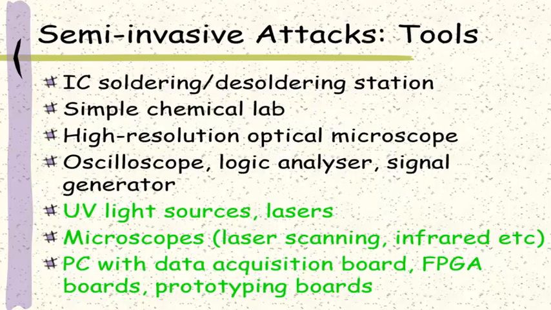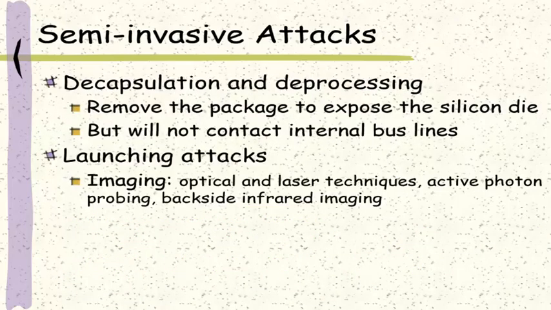For example, in the imaging attack, with the help from special cameras and photon probing, attackers can read the layout of the chip, localize the active regions, or read the logical state of certain CMOS transistors.